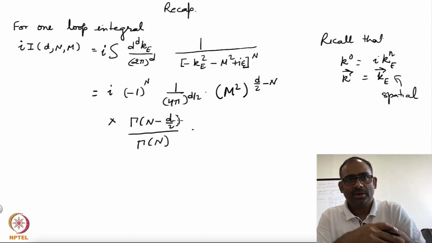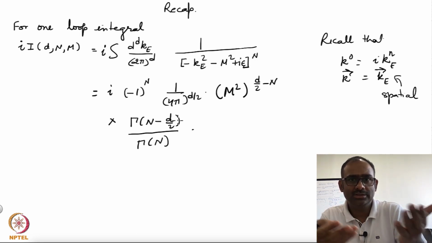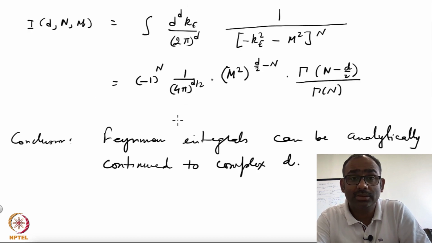Now, when you are doing these Feynman integrals, you would want the result in the Minkowski space directly. So, what I am going to do now is continue this result to the Minkowski space by rotating back to theta equal to 0. You remember what that theta is?